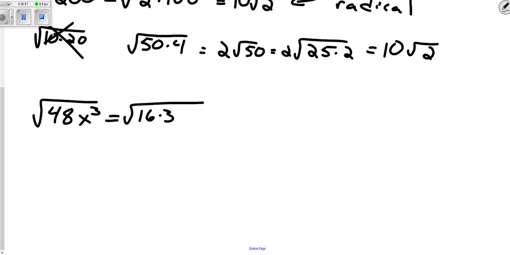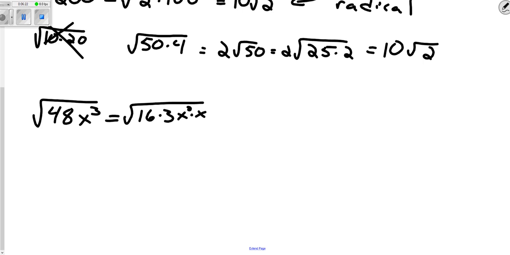Now, break this down. x cubed is x squared times x, right? So you got to break your variables into smaller x squareds, the amount that you can write it as.